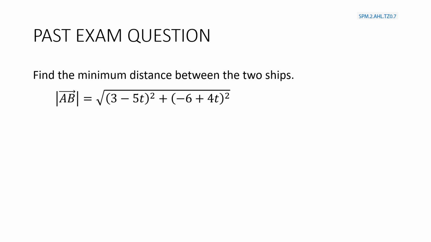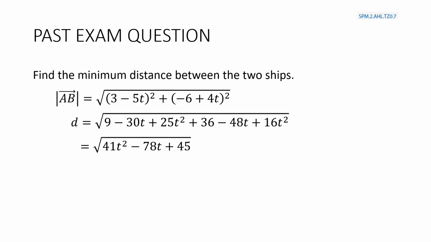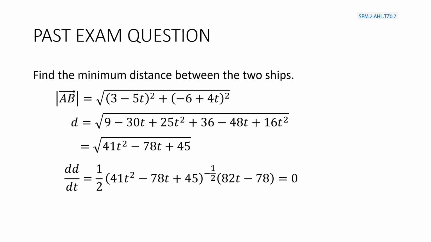And so tidying it up, we have the distance is equal to the square root of 41t squared minus 78t plus 45. If we want the minimum distance, we're going to differentiate this and put it equal to 0. So remember, this is 41t squared minus 78t plus 45 all to the power of a half. So the derivative is a half multiplied by 41t squared minus 78t plus 45 to the power of negative half times by the derivative of that inside function.